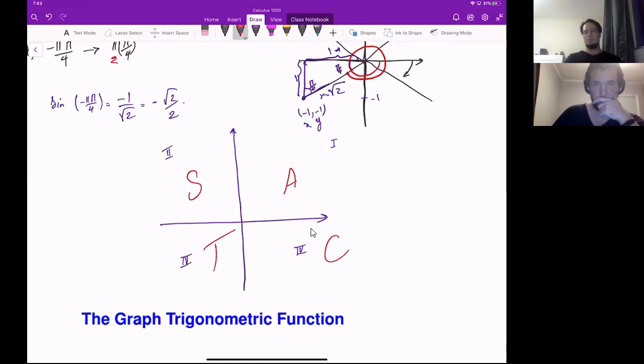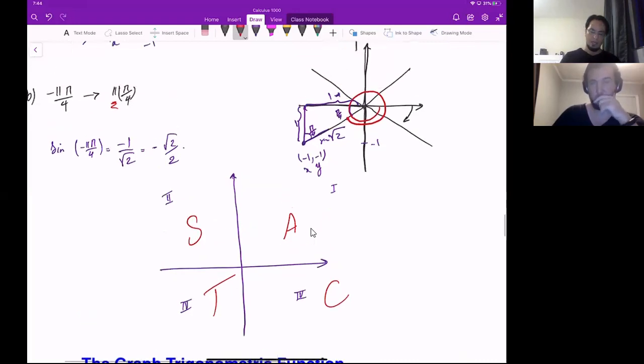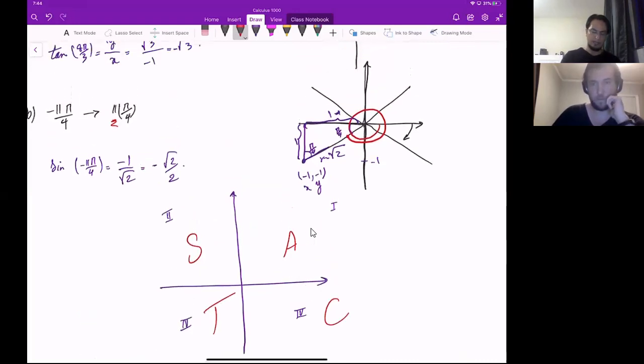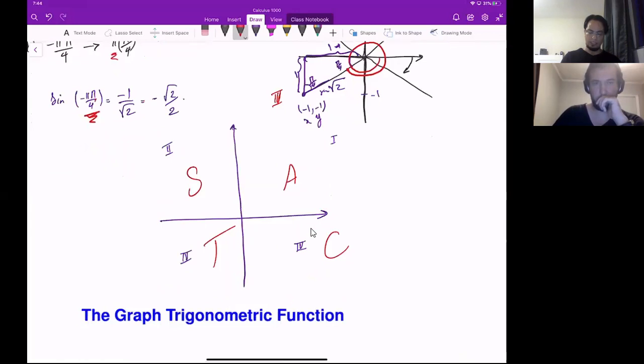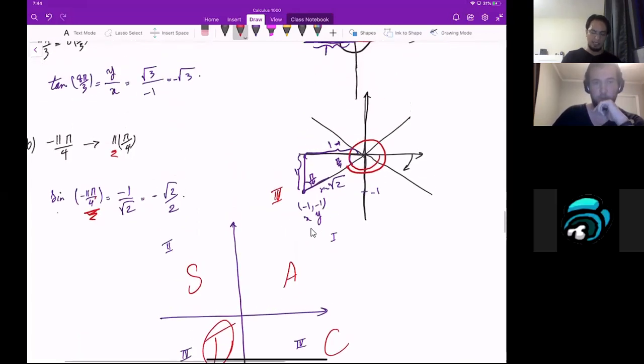Only cosine is positive. So that's how you can keep in mind that, for example, here we were trying to find sine of -11 pi over 4. It was in the third quadrant, and in the third quadrant, only tan is positive. So sine will be negative. So at least sine-wise, we can check it this way sometimes.